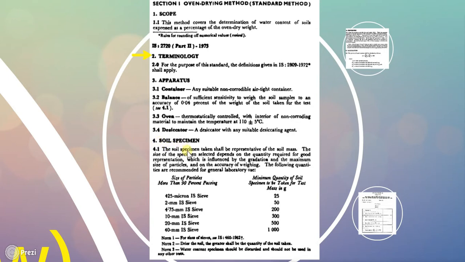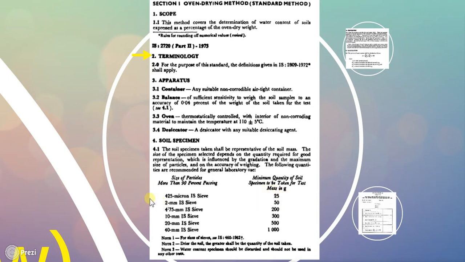Now, soil specimen. How and what amount of soil specimen should be taken? For that, we have to check what percentage of soil particles is passing. If 90% of soil particles are passing from 425 micron IS sieve, the mass of sample shall be taken as 25 grams.